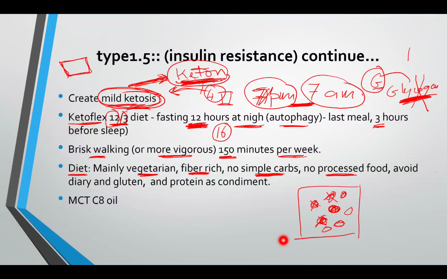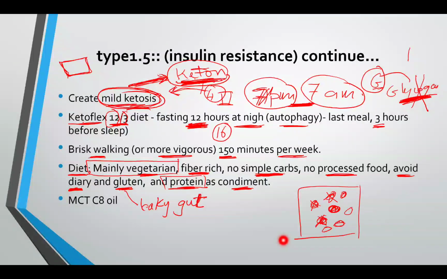No processed food, and we avoid dairy because it is inflammatory, and gluten because gluten sensitivity can cause leaky gut, and the leaky gut, as I mentioned before, can lead to leak of substances that excite the immune system and cause inflammation. And the protein, the red meat, is a condiment, so a minimum amount is to be given. So the meal should be mainly vegetarian with meat or protein as a condiment.